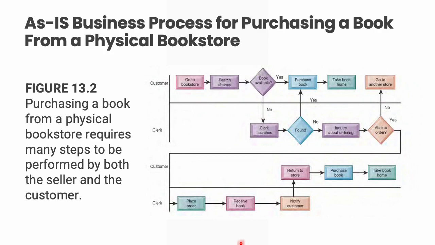All right. So this map helps us to see all the tiny steps involved. Later, when we want to improve things, like designing a website to sell books, we can look at this map and ask which of these steps are unnecessary, and which ones we can make faster or completely eliminate with technology.